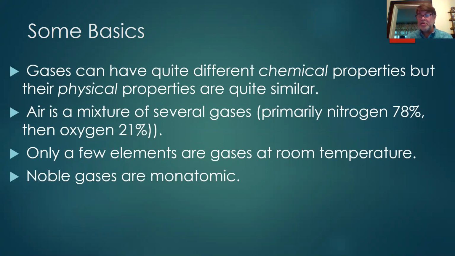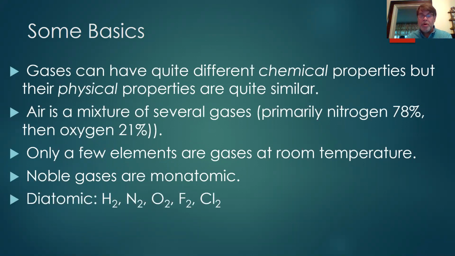Noble gases, the group 8 gases, things like helium, neon, argon, krypton, are monatomic. If you have a balloon full of helium, they're not molecules, just helium atoms floating around.